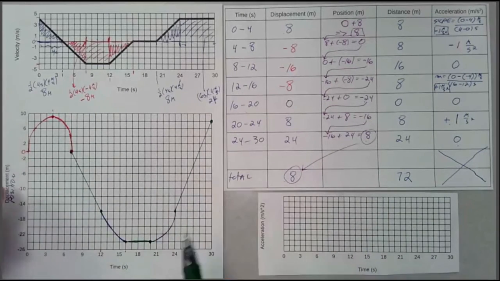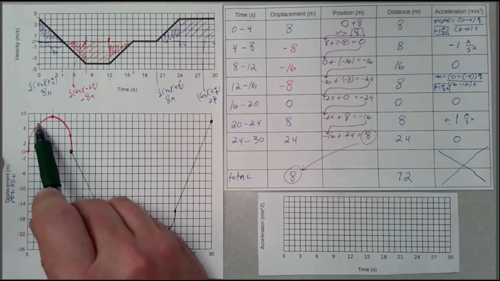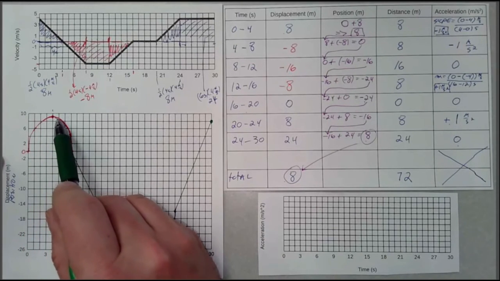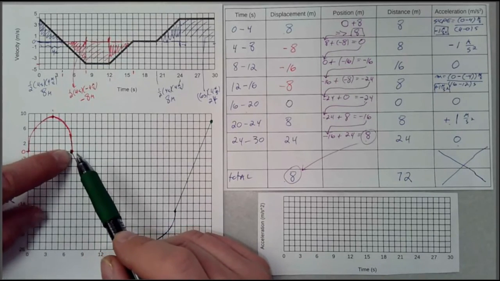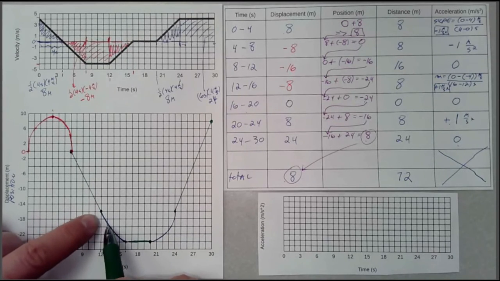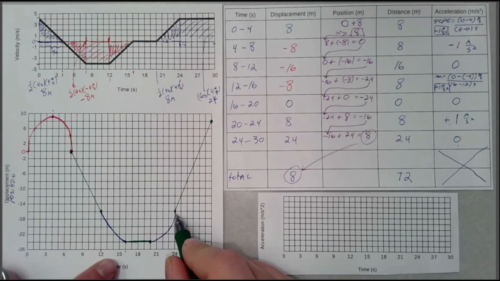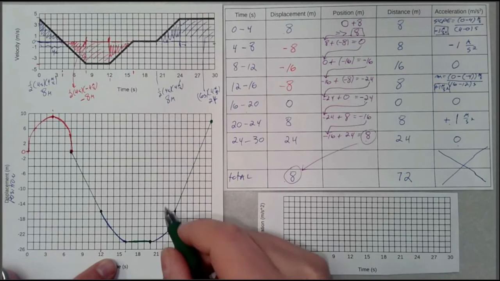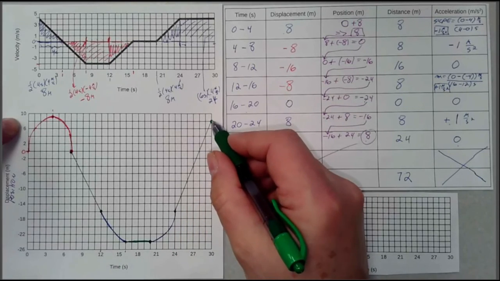So this is basically showing me what's happening and giving me the correct locations for things. Negative acceleration, slows down, comes to rest, changes direction, still has negative acceleration, brings it back to the origin, has constant velocity through the origin, brings it to -16 displacement, then it slows down, comes to rest over here at negative 24, stays at negative 24 for a little while, then has positive acceleration, and it moves to negative 16 with the positive acceleration, and then from negative 16, constant velocity for the rest of the trip, and brings it to positive 8, all right?